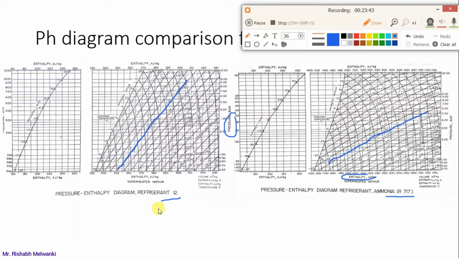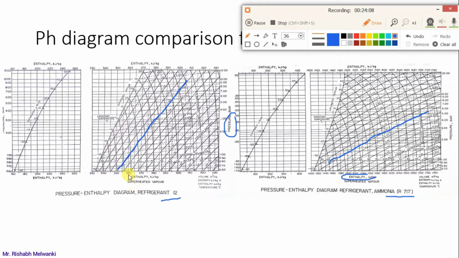One is R12 and the second one is ammonia. So now tell me which slope is greater and which slope is smaller. Which slope is smaller? For R717, here the angle is less, meaning here the slope is less. Whereas if you consider R12, here the slope is more.